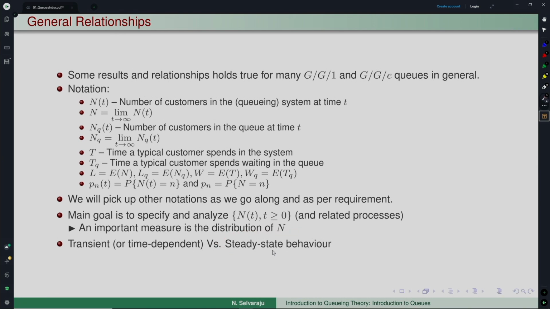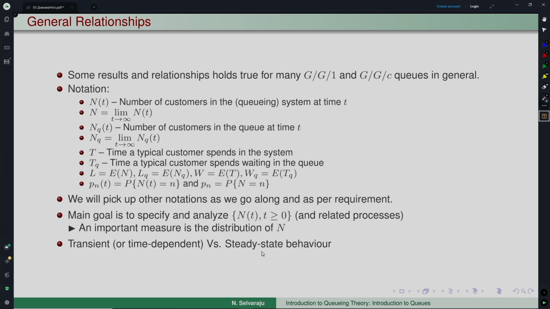So, how the system behaves, whether you want to look at the transient behavior or the steady state behavior of the system, for most of our course we will be concerned only with steady state behavior. Briefly, for the simplest of the models, we will highlight how the transient solution can be obtained, and from there you will know how complex it is, whereas it is much easier to work with this.